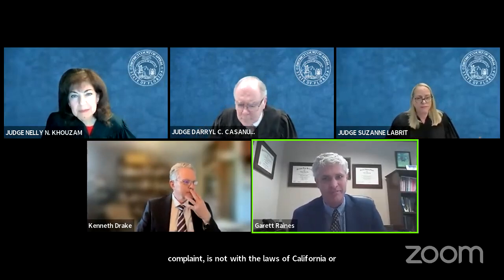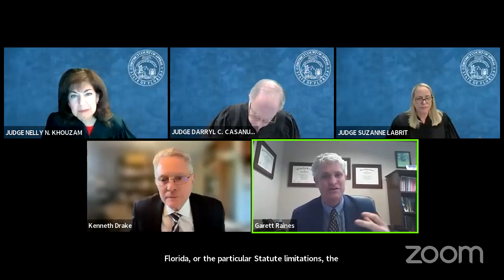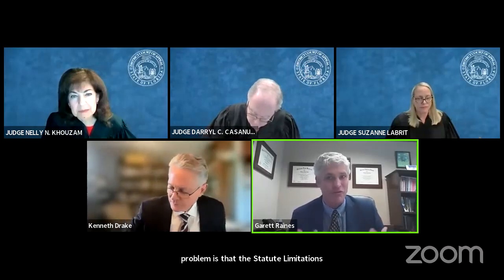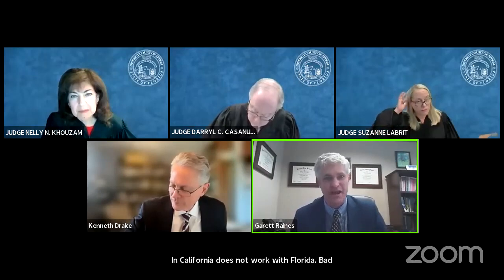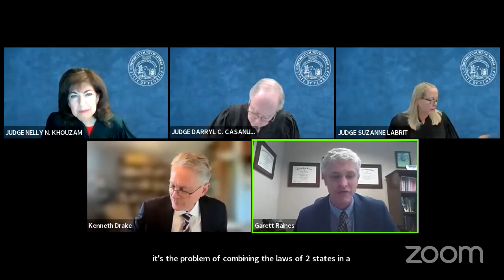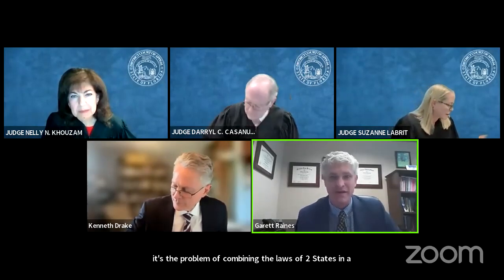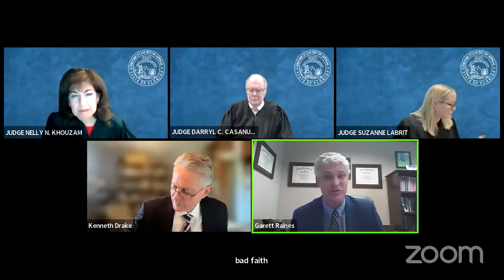The problem is that the statute of limitations in California does not work with Florida bad faith law. It's the problem of combining the laws of two states in a way that just stopped making sense. Because in Florida, the bad faith claim does not even exist until there's a judgment in the underlying case.